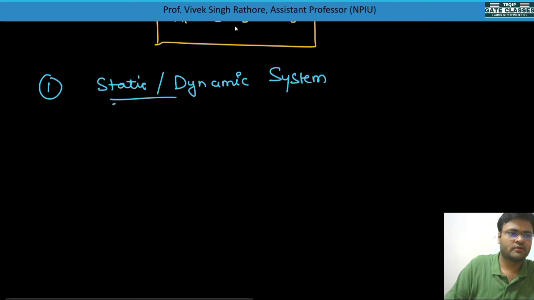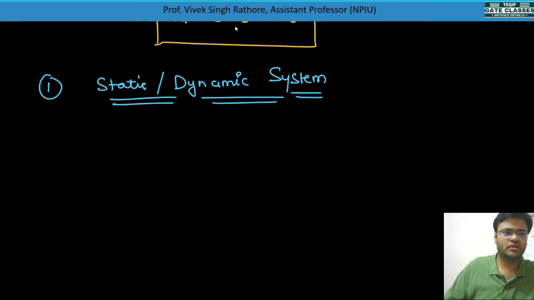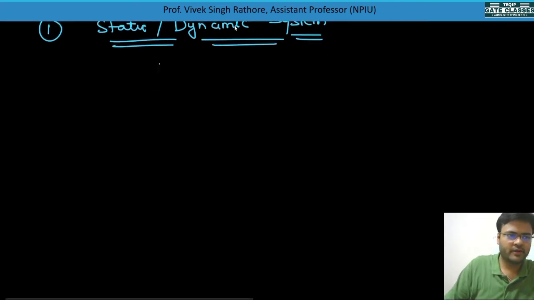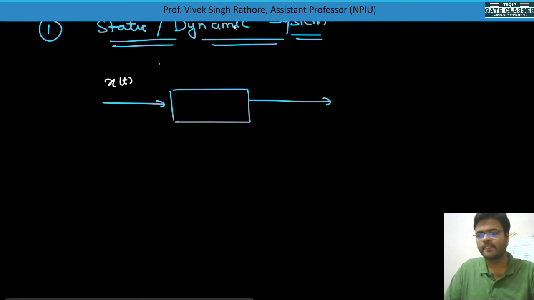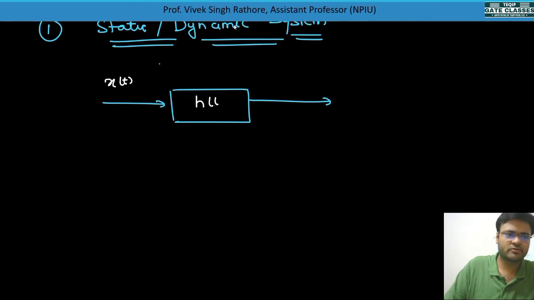Okay, so see, you have been given an input, and you are getting an output. Let's suppose you are giving input as x of t, and let's suppose your impulse response is h of t.